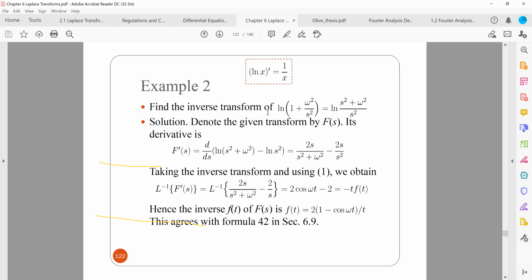If you differentiate the two, you will have 2s over s squared minus a squared, and then the next one, you'll have 2s over s squared, isn't it?